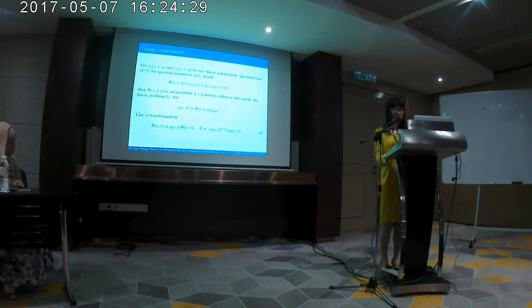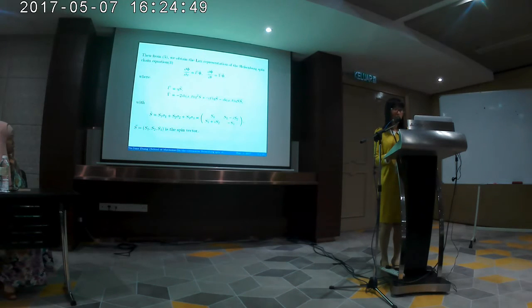And set G equal to capital Phi with this invertible 2 times 2 matrix at eta equal to 0, the spectral parameter equal to 0. Take a transformation, this transformation 6. Then from phi, we obtain the Lax representation of the Heisenberg spin chain equation, equation 3, which is reconsidered. Well, this is the Lax pair of the Heisenberg spin chain equation.